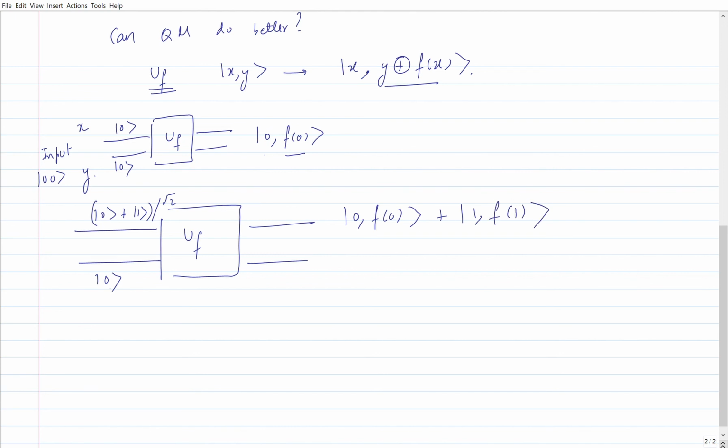It is still a modulo 2 addition, so it's just going to be 0 plus f(1), which gives me f(1) again. So that's going to be my state as an output.